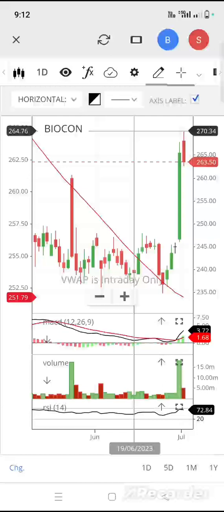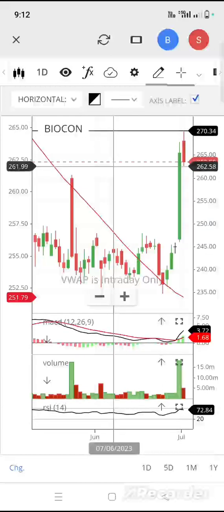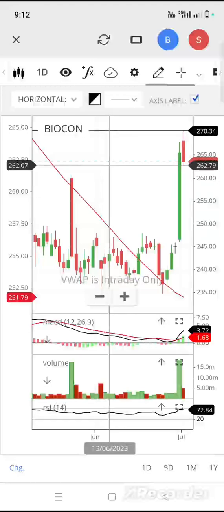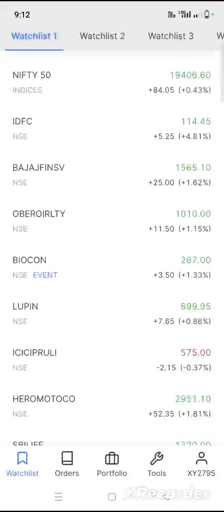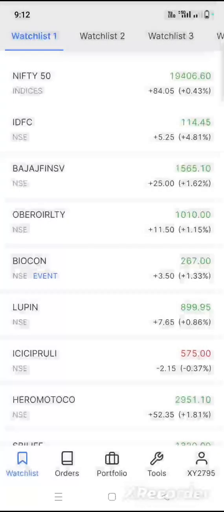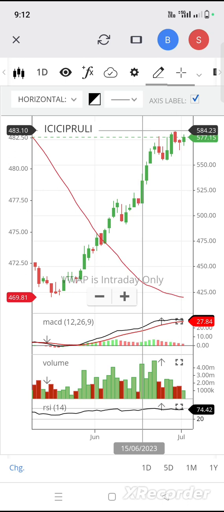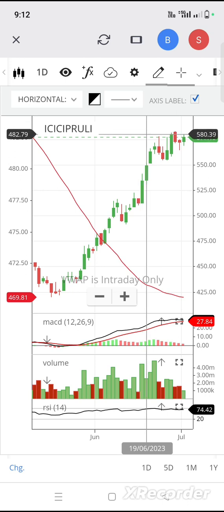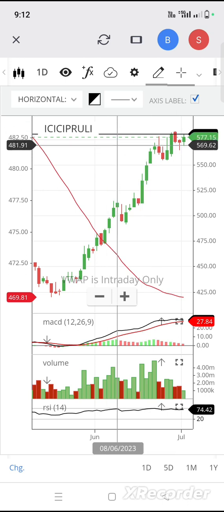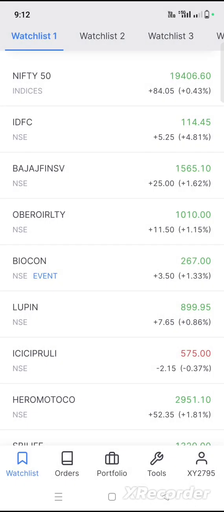Where the market gets open at 9:15, so I'll complete it by 9:15 so that I'll have the time to watch the live market and take action based on the live market.